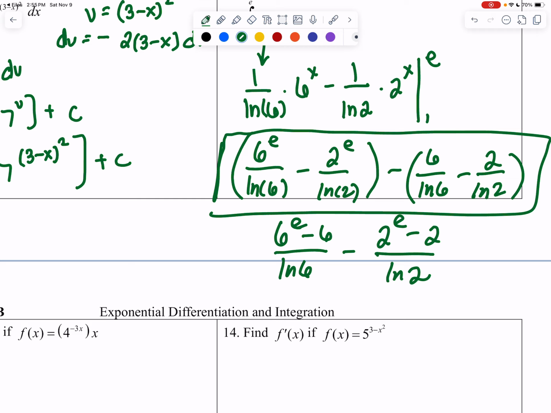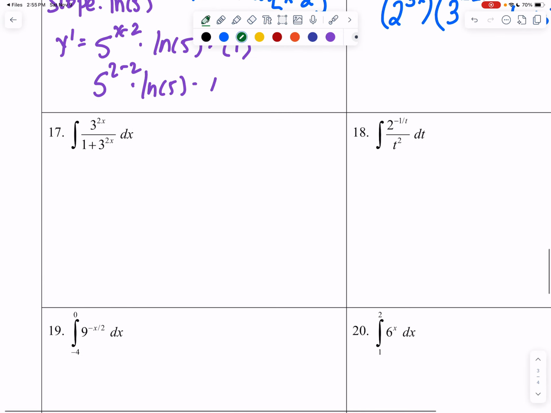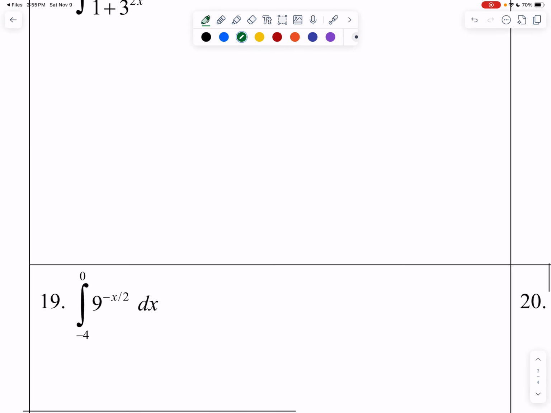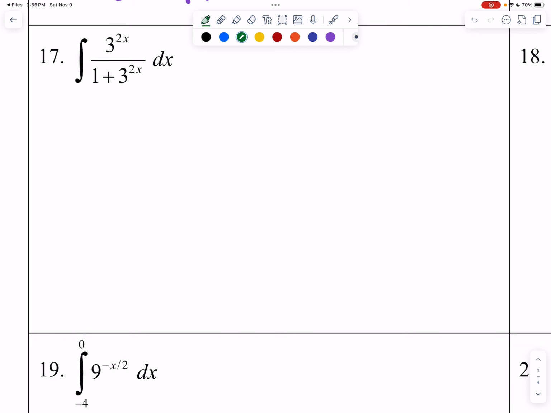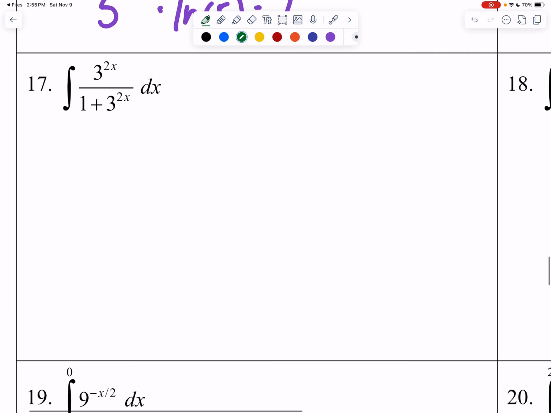All right, so let's look at something like number 17, where we have 3 to the 2x over 1 plus 3 to the 2x. I'm going to set u to be my denominator. Now remember, du is going to be my derivative.